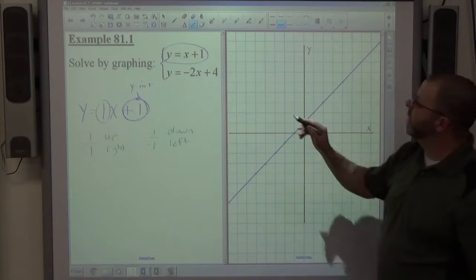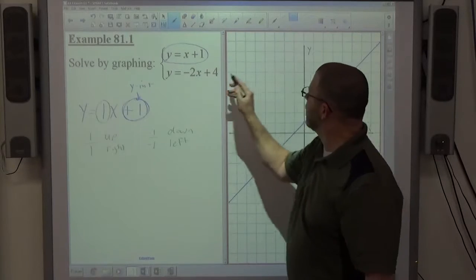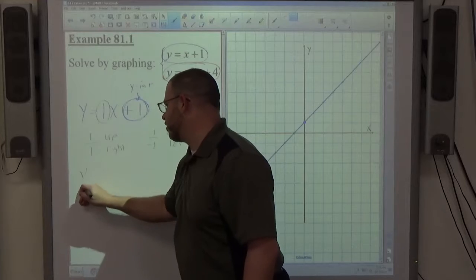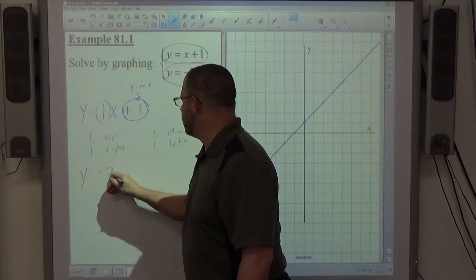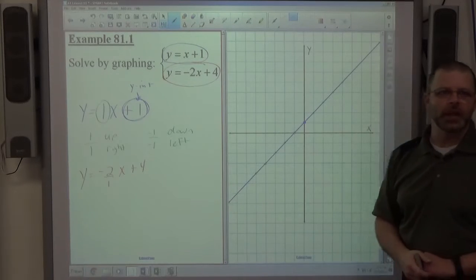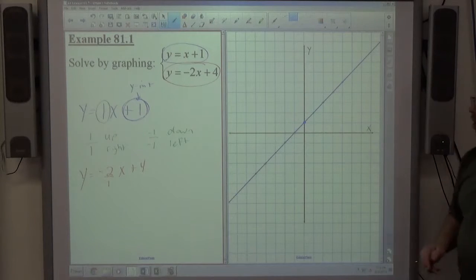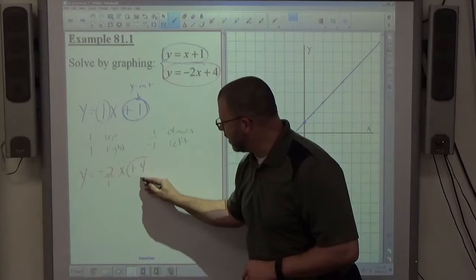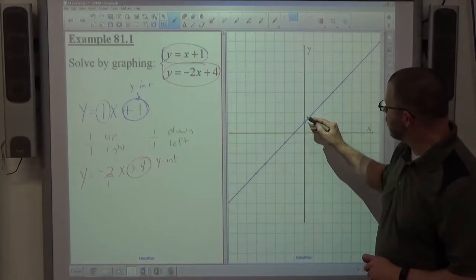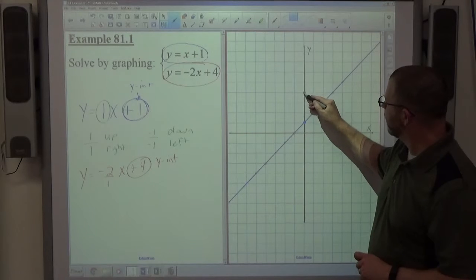The second line is y equals negative 2x plus 4. Looking at slope-intercept form, negative 2x plus 4, I like my slope written over 1, so negative 2 over 1. Once again, the constant is the y-intercept. So I start at positive 4: 1, 2, 3, 4.